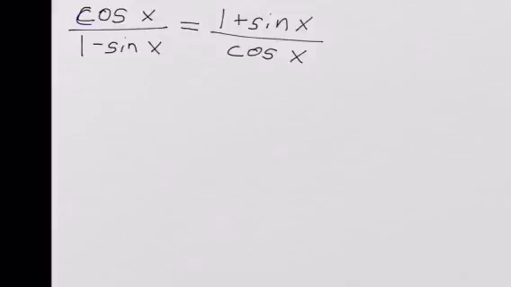We're going to take that left-hand side and multiply both the numerator and denominator by 1 plus sine of x.